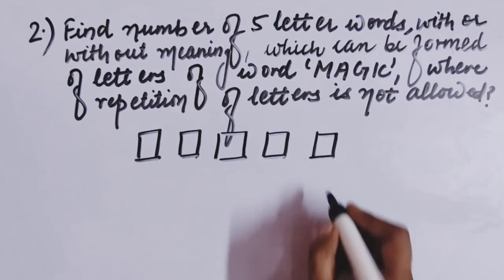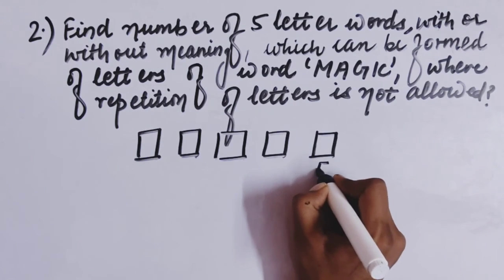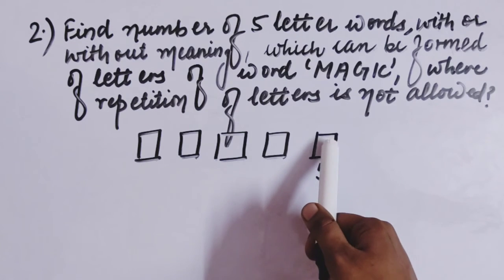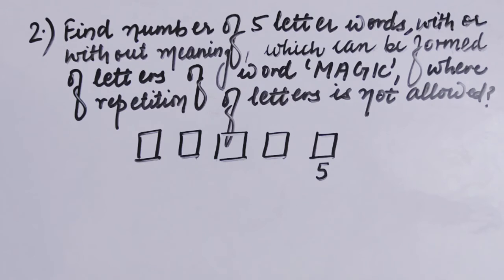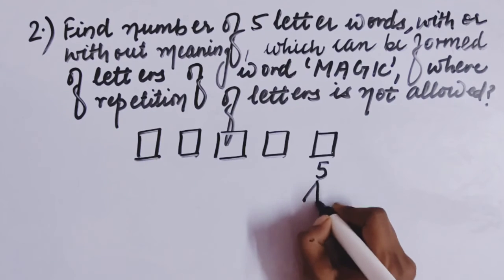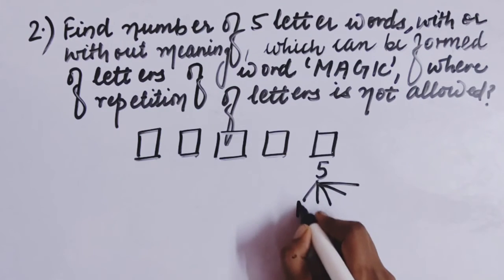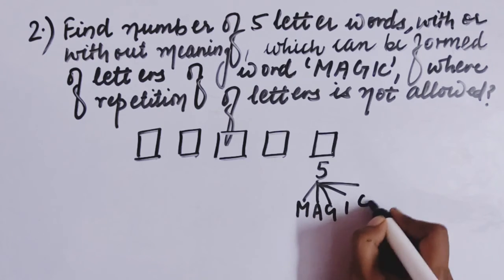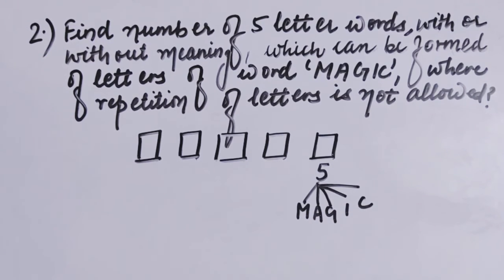Suppose we fill this first place. How many options does it have? It has 5 options to fill it. It can be either M, A, G, I, or C. Now they are saying repetition is not allowed.